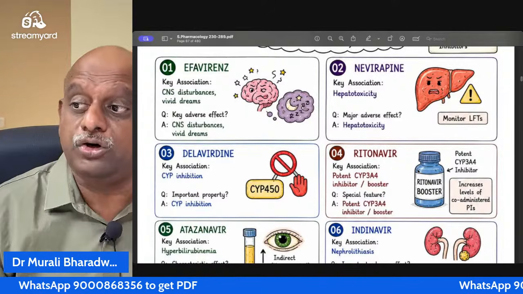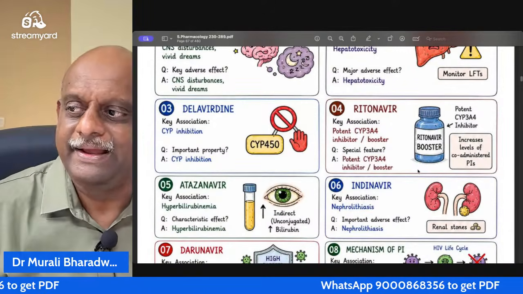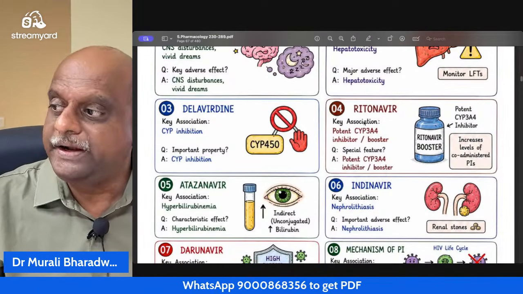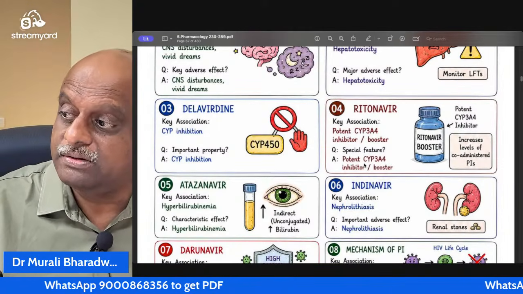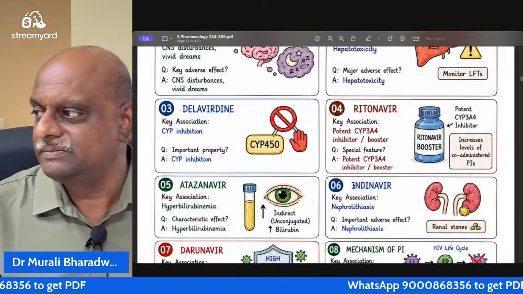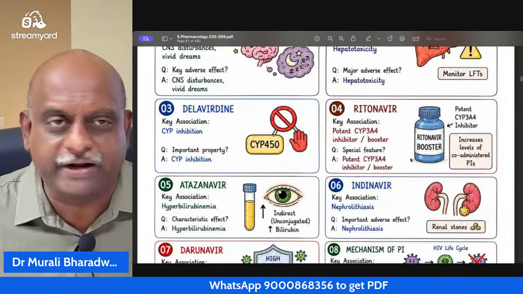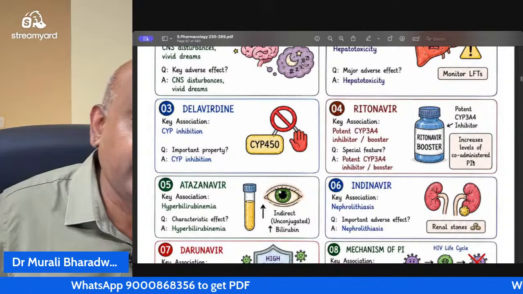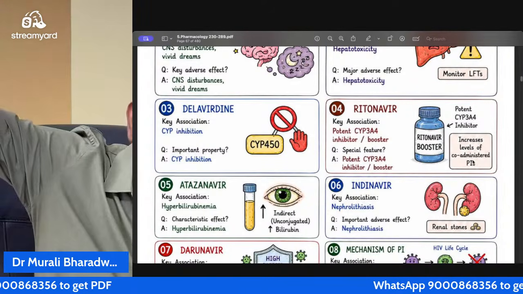Nevirapine can lead to hepatotoxicity. Delavirdine typically can inhibit the P450. Ritonavir is a potent CYP3A4 inhibitor, and whenever ritonavir is given, it will cause the co-administered protease inhibitors' levels to increase.